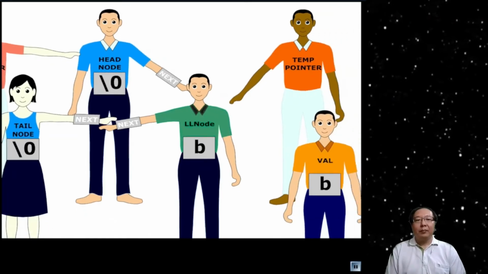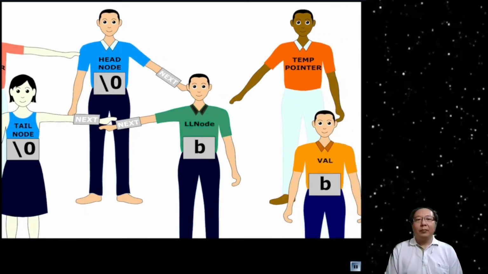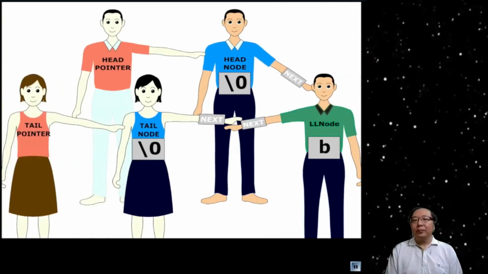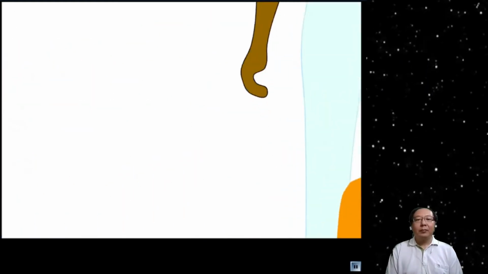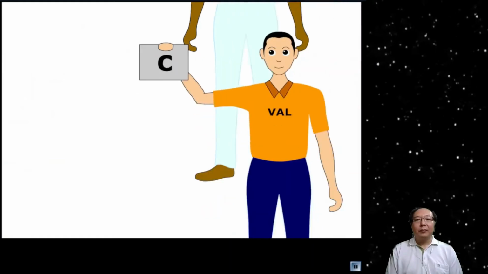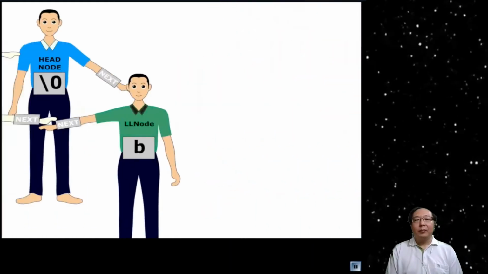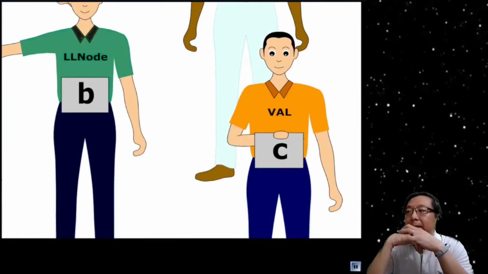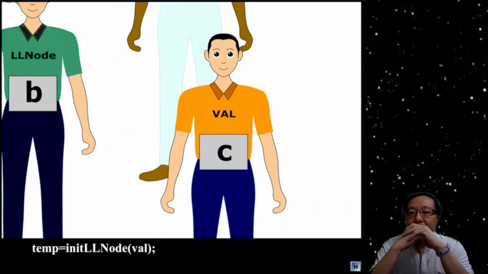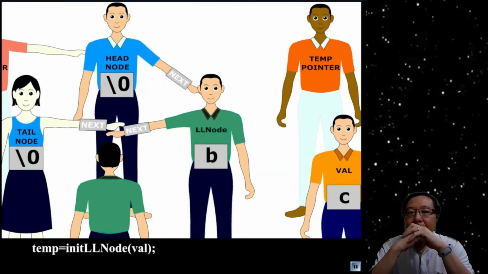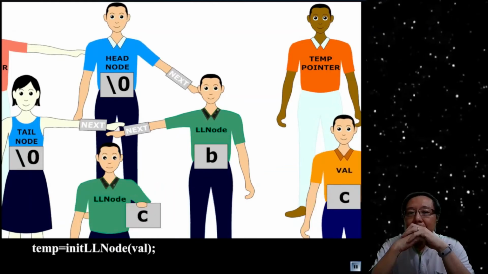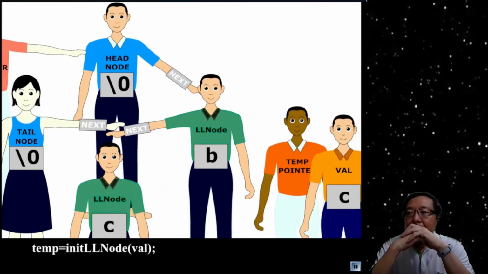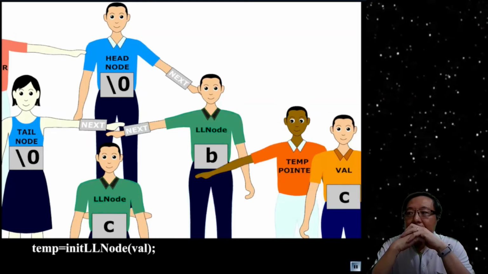Now, we have finished the first push and return to main. Then, the user now types a C. So, we call push again and have a new temp and var. The C is passed to var. So, we call init LR node again to create a new node with C in it and temp points to the new node.